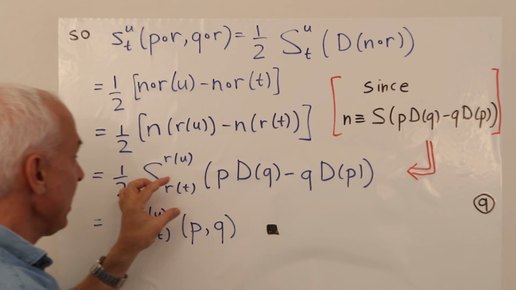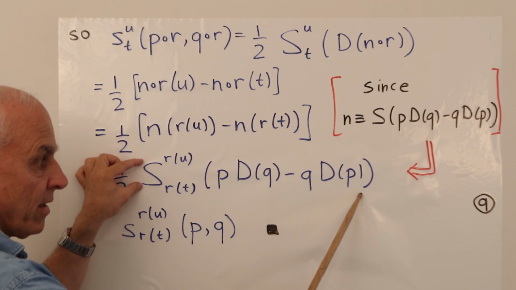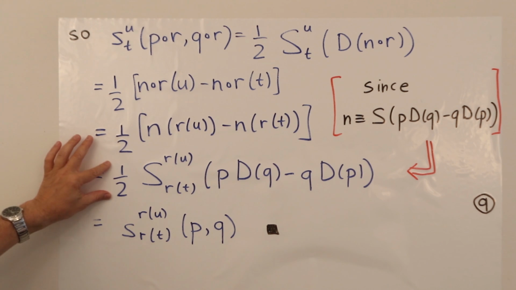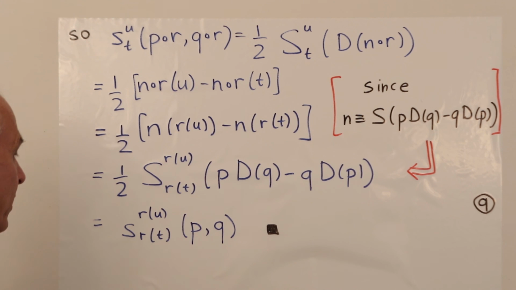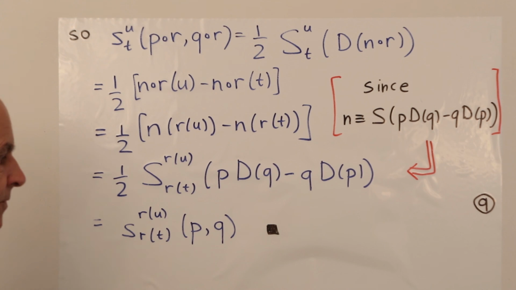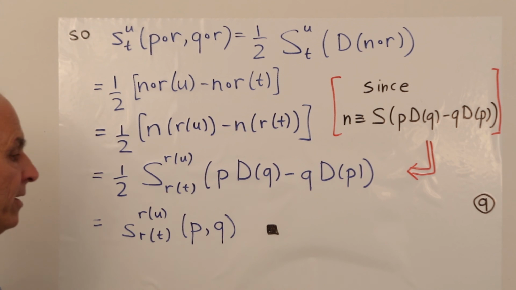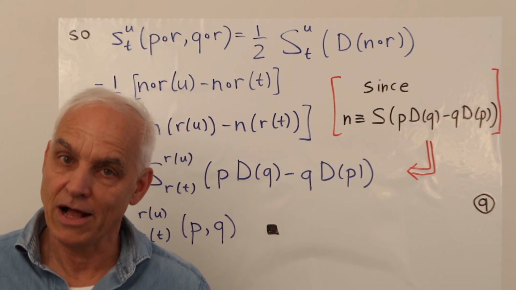That's exactly what we mean by this notation of integral from r of t to r of u of the same quantity. But now we're in a position where we say, hey, that looks familiar. That's just the fundamental theorem form for the signed area from r of t to r of u of p comma q. And so this quantity equals this quantity, and that's the change of variables formula with a purely algebraic proof.